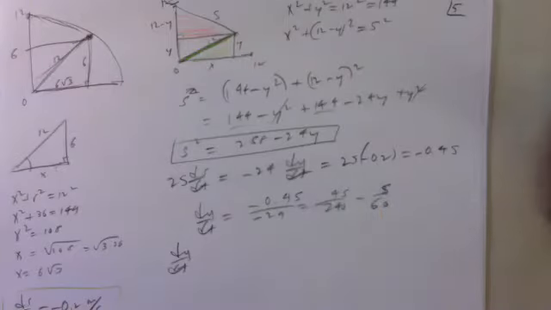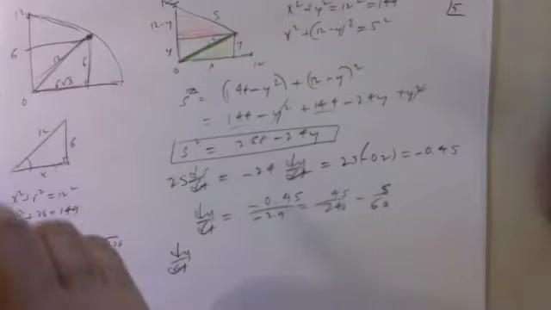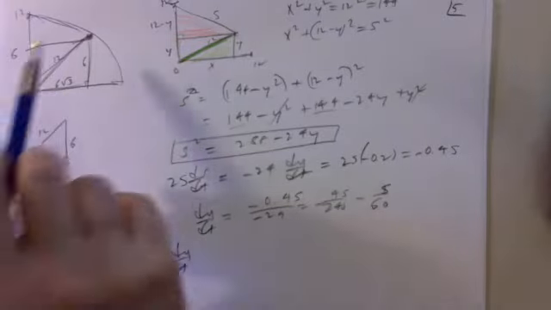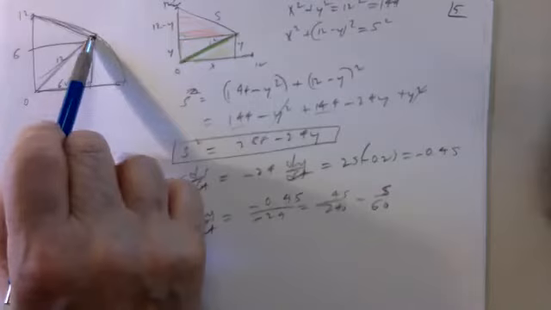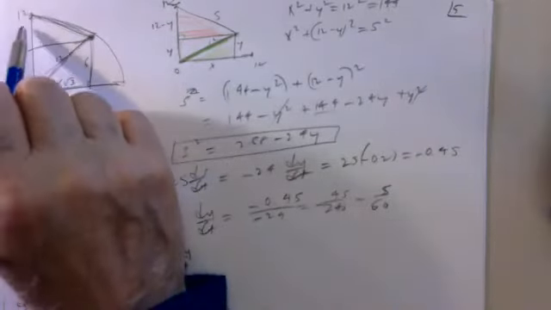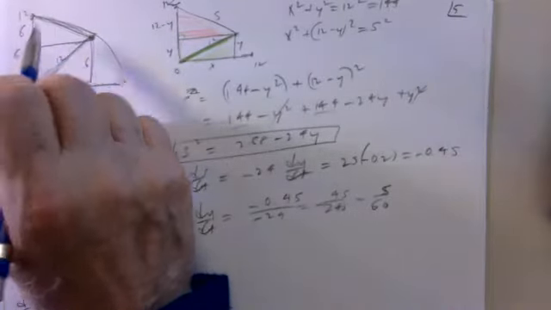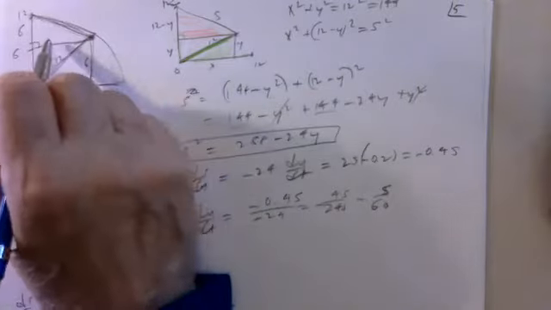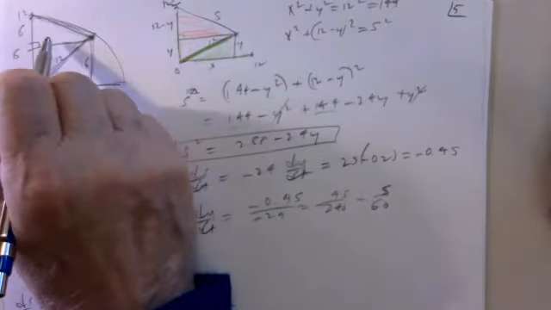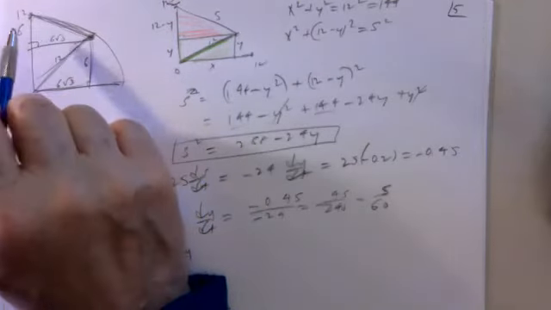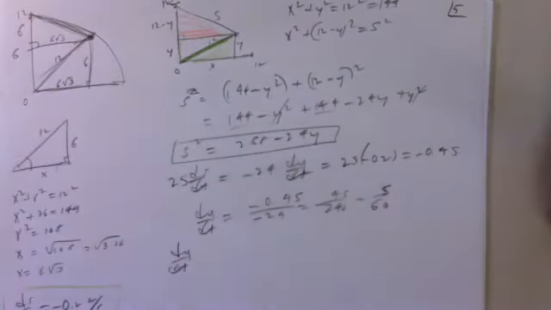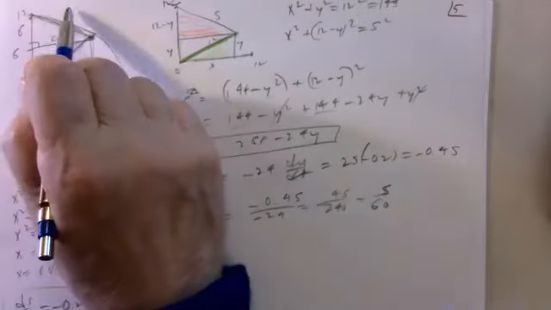Now, what is s? What is the length of this winch when the height is 6? If this is 6, and we know this is 6 root 3, the length of this, by the Pythagorean theorem, is 12.